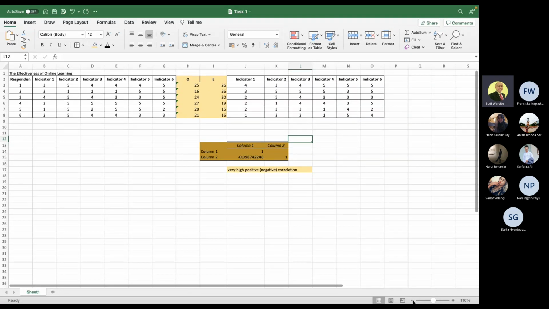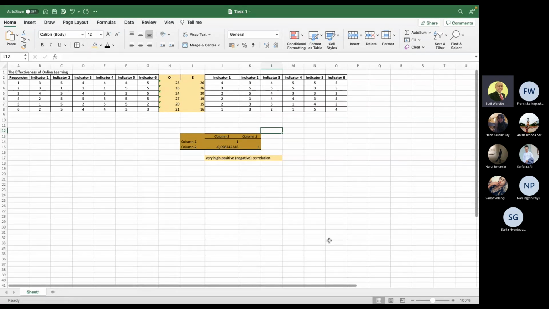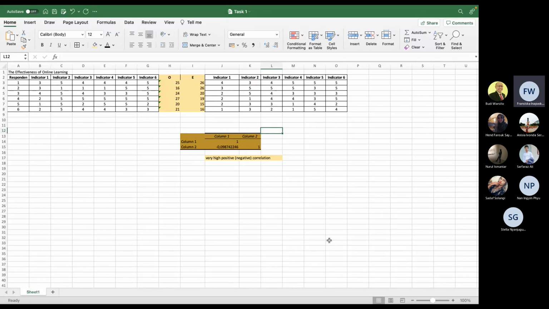The first is that the result is minus 0.098. 0.09 is smaller than 0.1. Oh, I didn't see it. I thought it's 0.9. So what's the meaning of the results? Okay, I will see it in the previous meeting, sir.